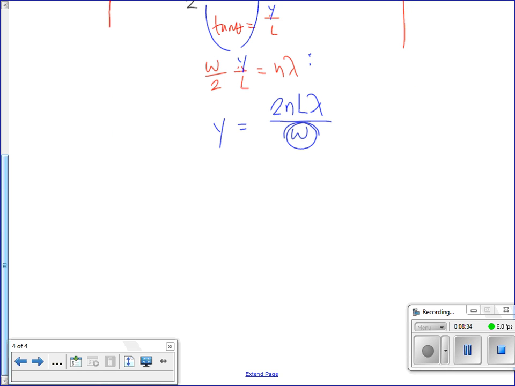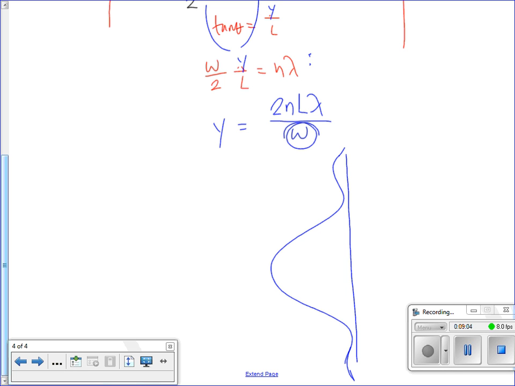People will draw these sometimes as what's called an intensity plot, and it says you'll get a big central maximum, and then outside of that you'll get dimmer maxima, secondary and tertiary and so on.